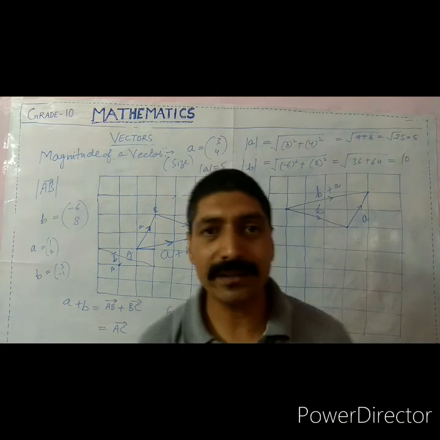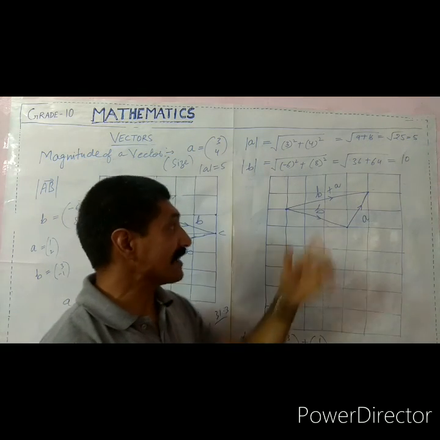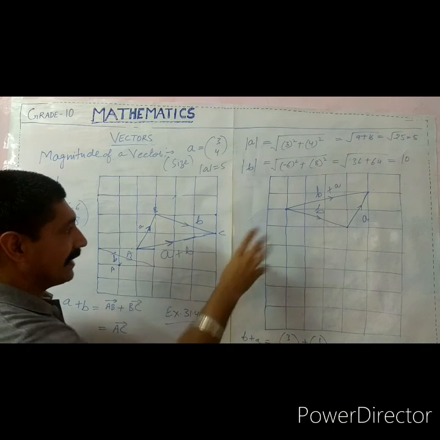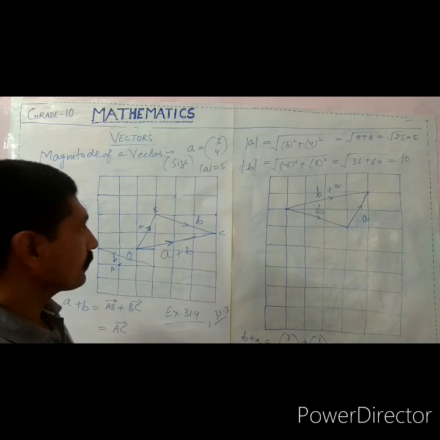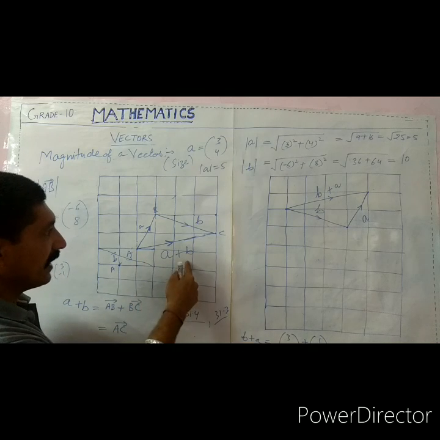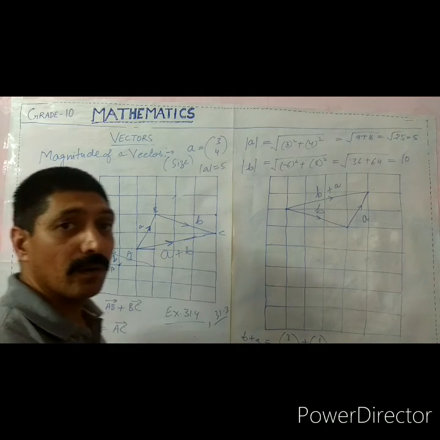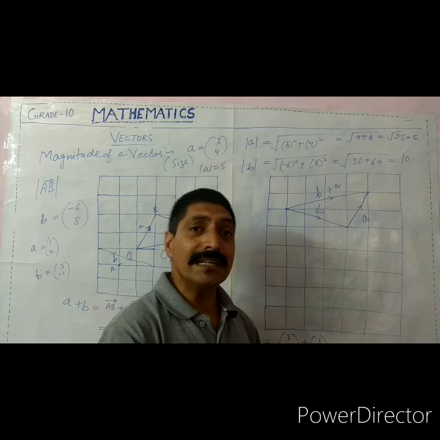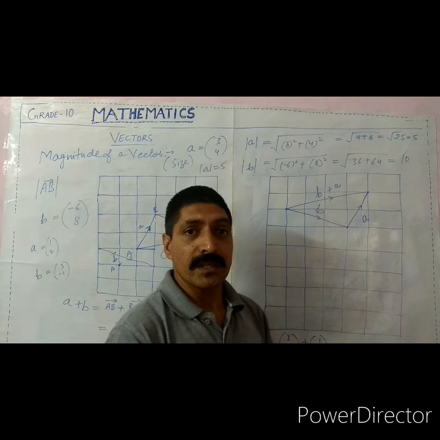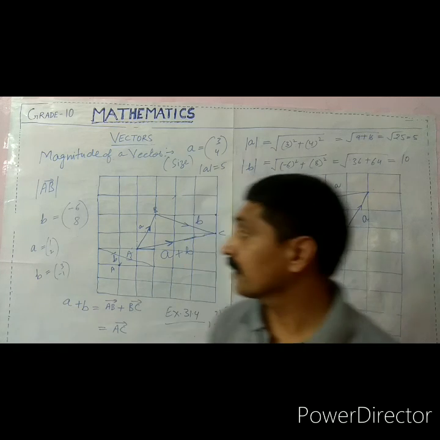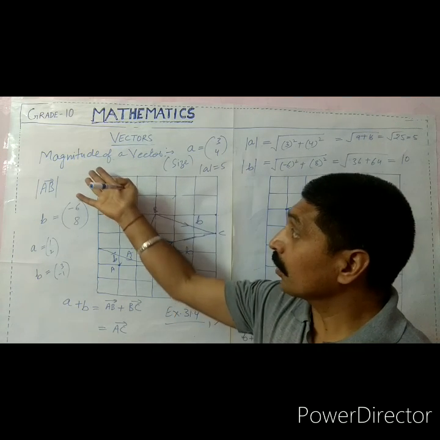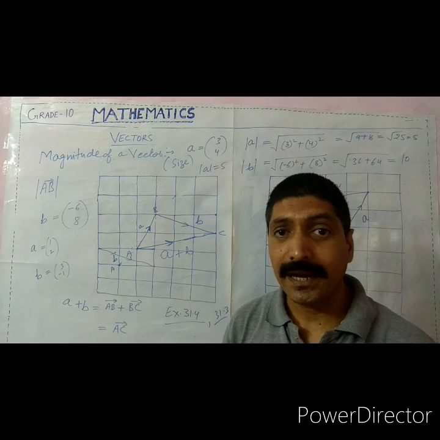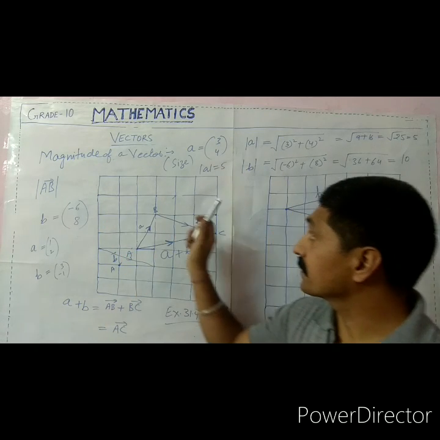So here these two are different, A plus B and B plus A, and it is not only the magnitude, it is related to the directions also. So I hope you got the addition and subtraction of vectors and the magnitude of the vectors.